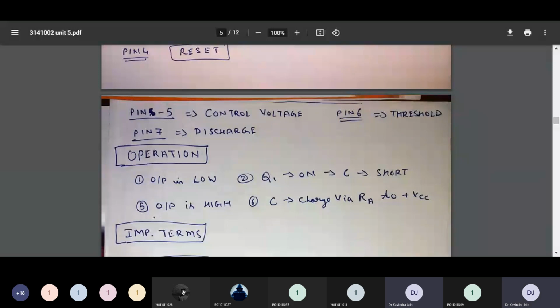Step number 8: comparator 1 output switches from low to high.